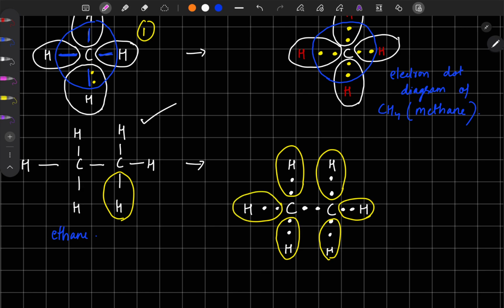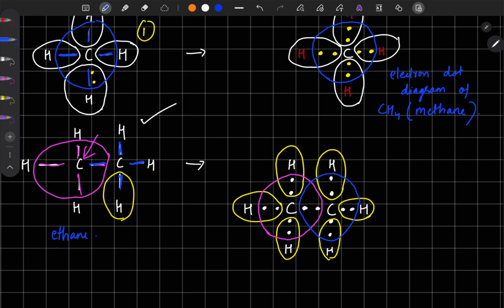The second carbon also has four bonds, 1 2 3 4.